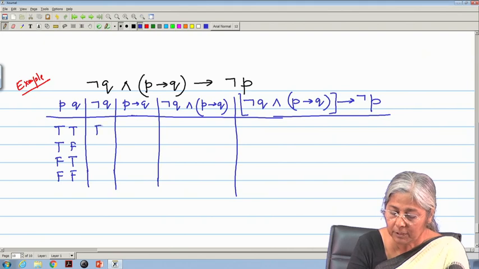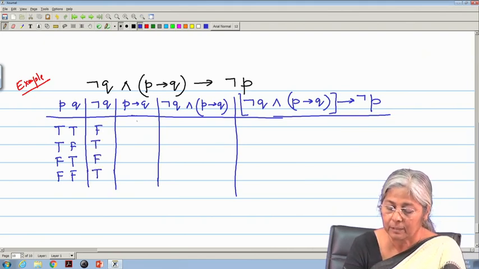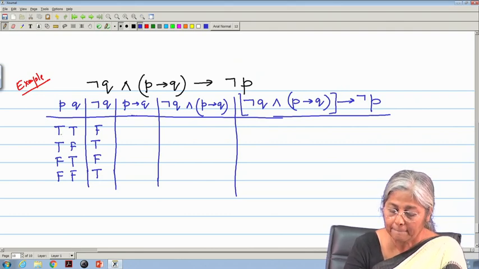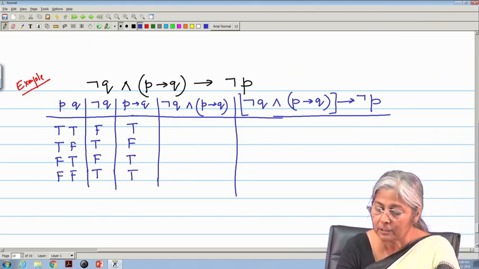So, this will be F, T, F, T. P implies q, T, T, T, F, T, T. Negation q and p implies q.